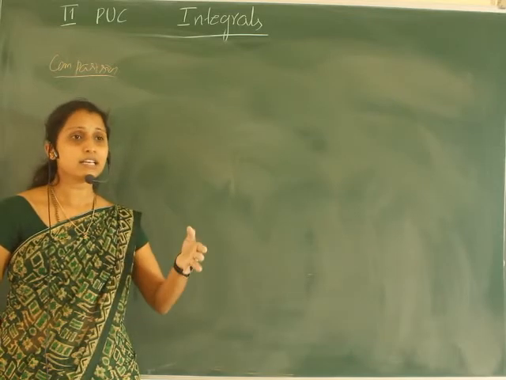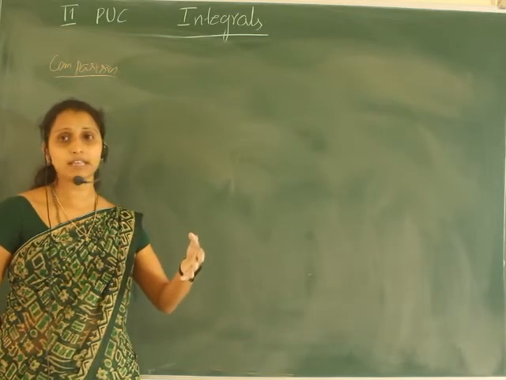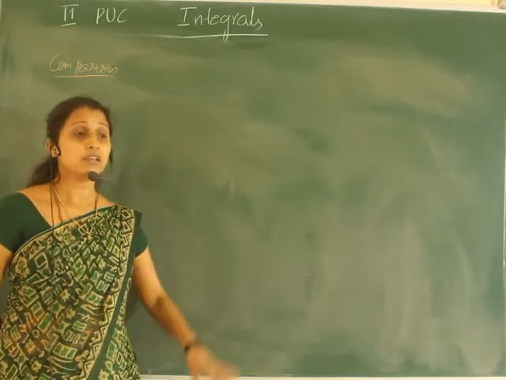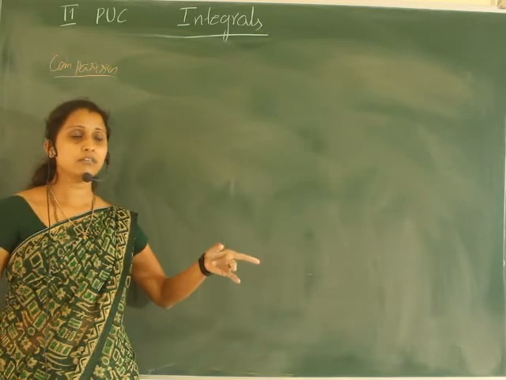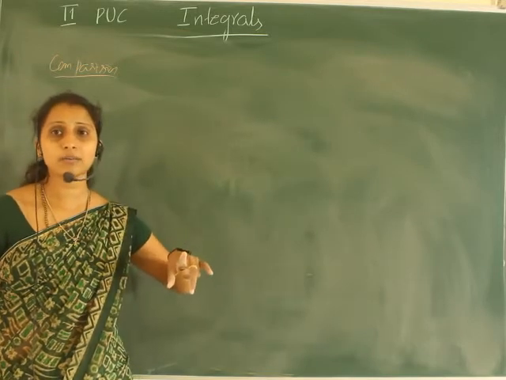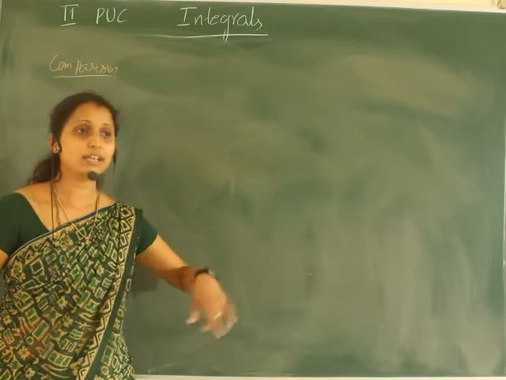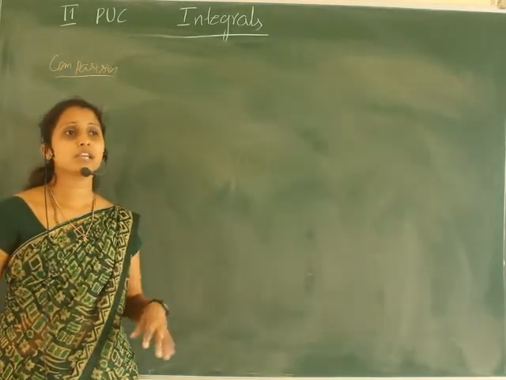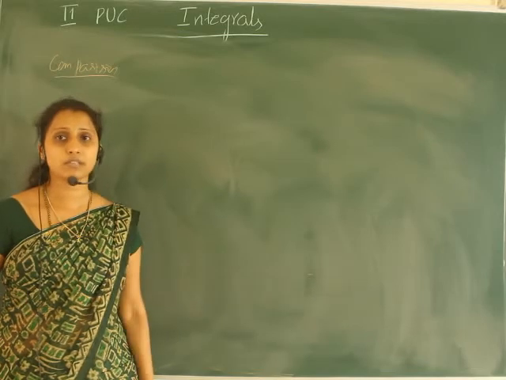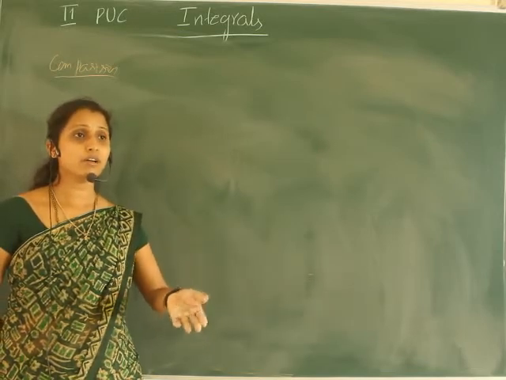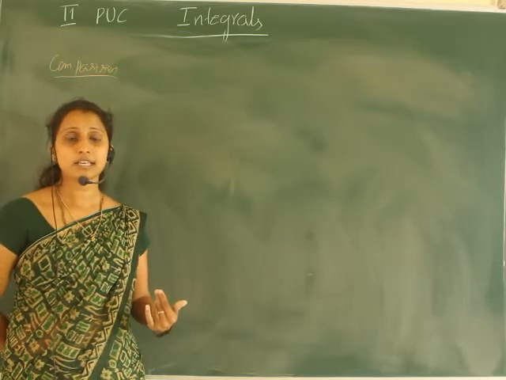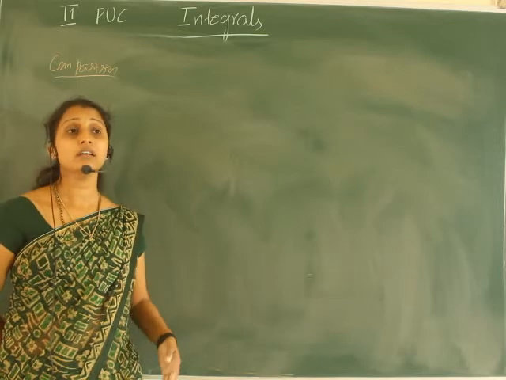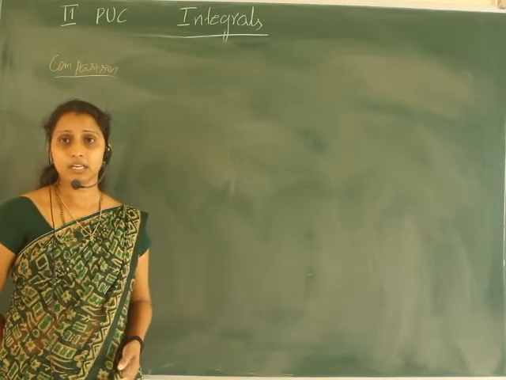Or when acceleration is given and we want velocity, we use integration. That means velocity and acceleration are calculated by differentiating, the rate of change of displacement or of velocity. But when the velocity is given, to find the displacement we need integration.